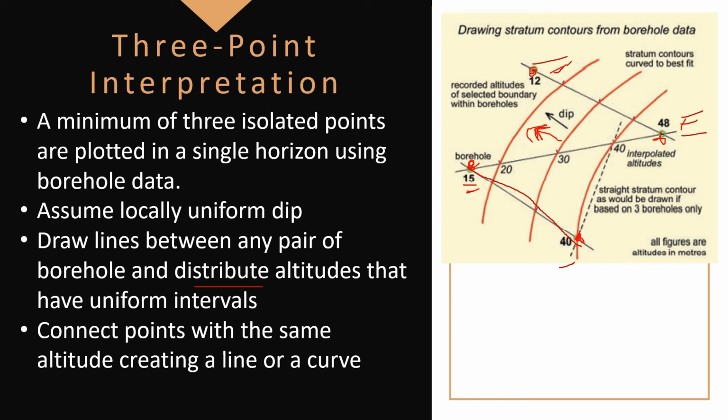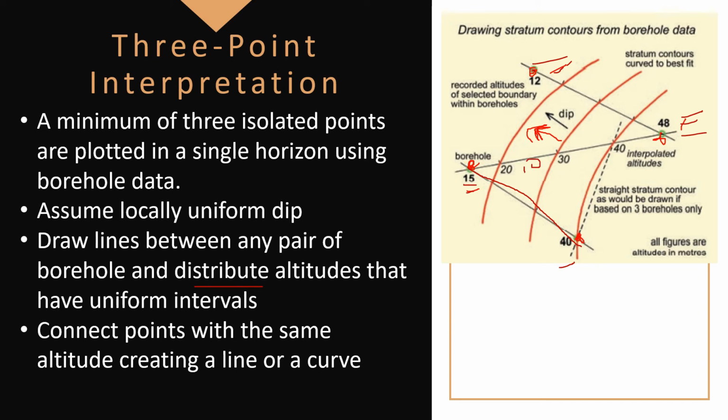So, after drawing lines between the pairs of boreholes that have huge gaps, we are going to distribute elevations within these boundaries or within these lines. So, the distribution of points that has a uniform interval, let's say in this case you have chosen an interval of 10.